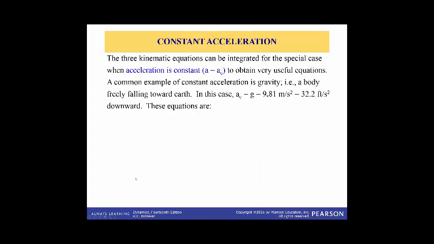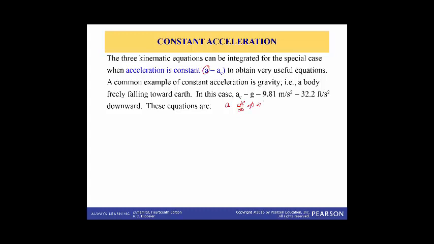Constant acceleration. If you have constant acceleration, that means that instead of an equation, you have a number for acceleration. Just as reference, the derivative of a constant number is 0. So if I have acceleration and da over dt, and this is a number, this is 0, okay?